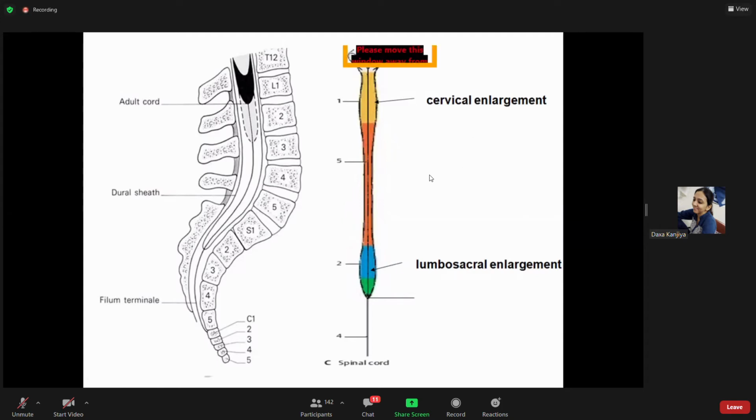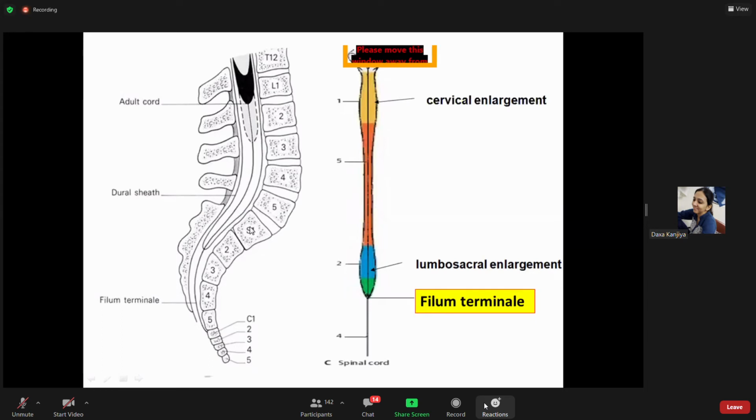The outermost covering is the dura mater, the middle one is the arachnoid mater, and the innermost is the pia mater. So, if you see here, at the lower end of the spinal cord there is one thread-like structure, and that is called the filum terminale. It is nothing but the extension of the pia mater of the spinal cord.